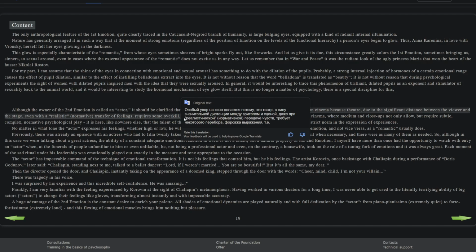But the only anthropological feature of the first emotion, quite clearly traced in the Caucasoid and Negroid branches of humanity, is large bulging eyes equipped with a kind of radiant eternal illumination. So I believe what he's saying is that in white and black people, but not Asians, bulging eyes is a sign of 1E. Or it's an example of the way 1E can manifest. So, okay.